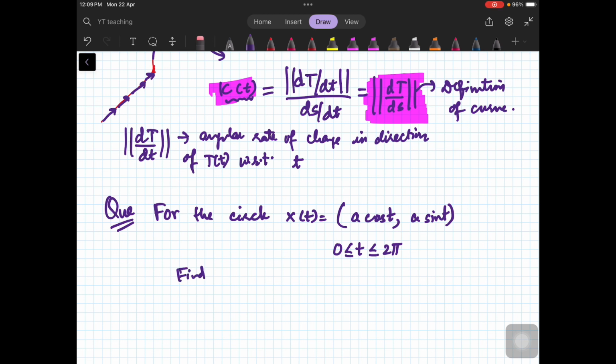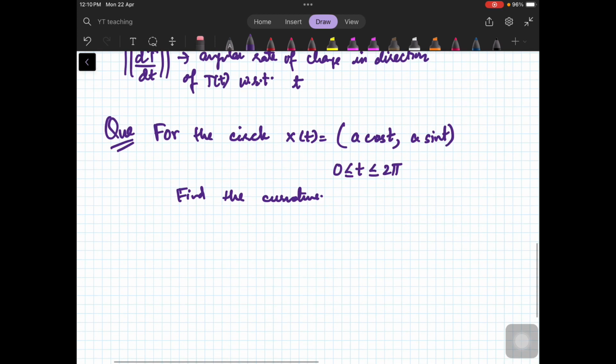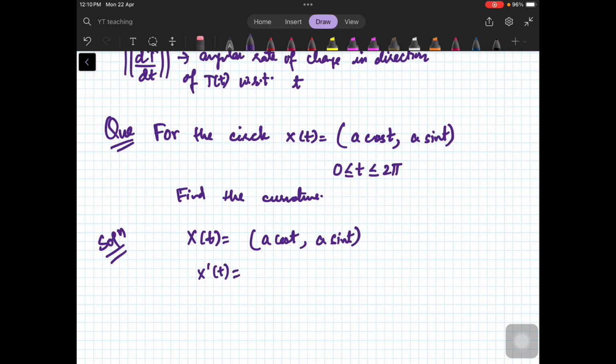Now for finding the curvature, I have to have my unit tangent vector. So x(t) here is (a cos t, a sin t), so x prime t is going to be (minus a sin t, a cos t), right?